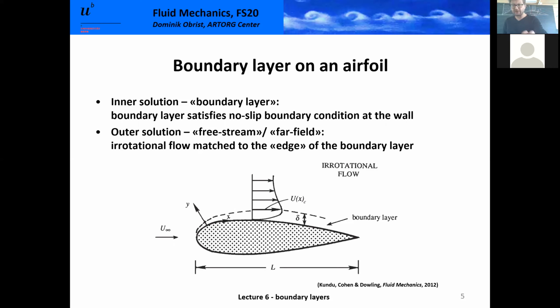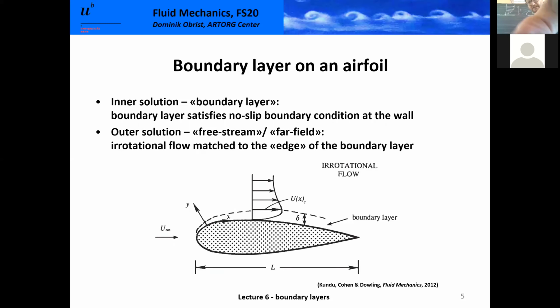Today, we're only looking at the inner solution, at the thin layer on the surface of a wing, the boundary layer. Now, one very important thing we need to appreciate in this context is that the inner solution needs to satisfy the no-slip boundary condition. So what is the no-slip boundary condition?